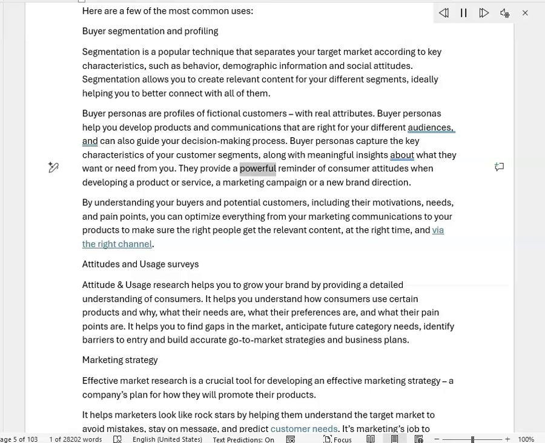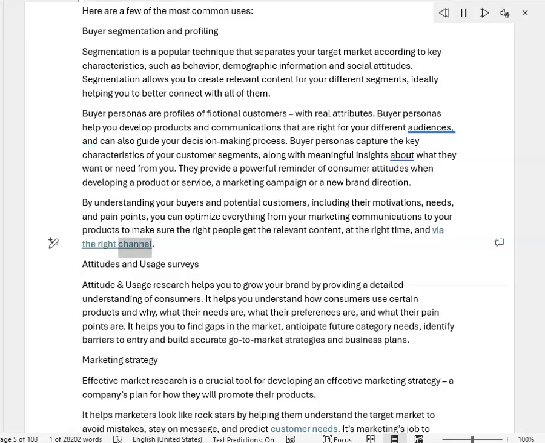They provide a powerful reminder of consumer attitudes when developing a product or service, a marketing campaign, or a new brand direction. By understanding your buyers and potential customers, including their motivations, needs, and pain points, you can optimize everything from your marketing communications to your products to make sure the right people get the relevant content, at the right time, and via the right channel.